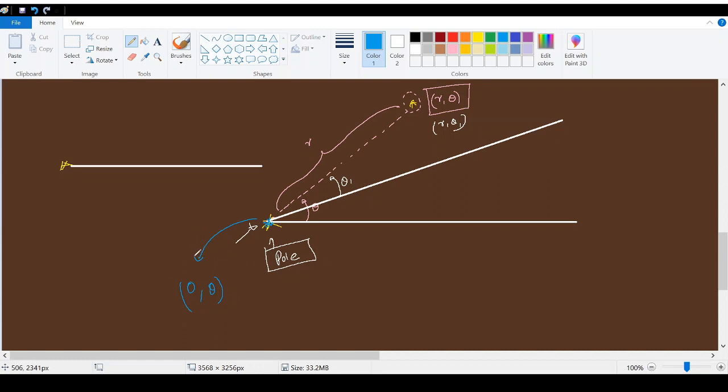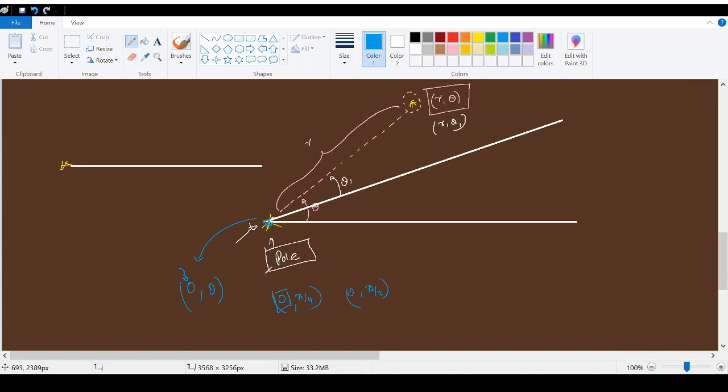The only requirement for the coordinate of the pole is to have 0 as the r value. For example, (0, pi/4) and (0, pi/2) will both represent the pole. So this is the deciding factor for the coordinate of the pole.